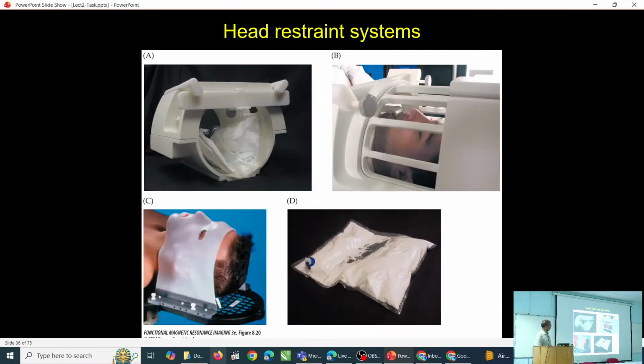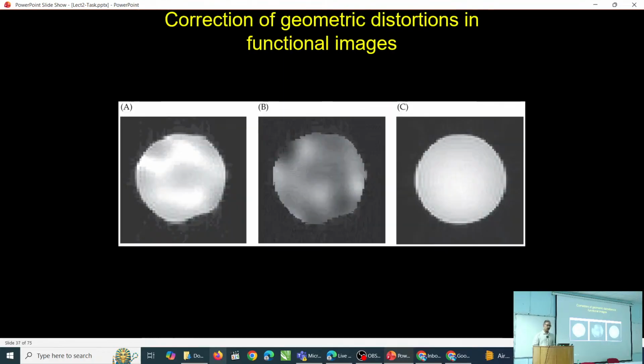One is a cushion. The other one is a bite bar, where you bite on something which is attached to this one. This is another one where you would have some distortion based on susceptibility, and because you know how the image should look, this is a phantom and therefore should be a circle.